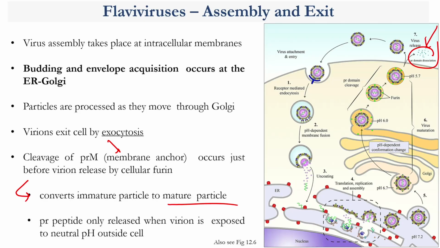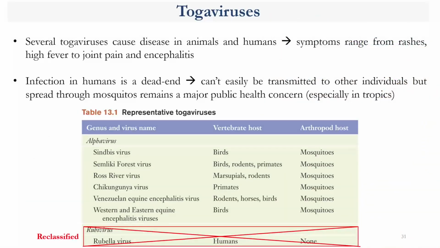All right, continuing on. Next thing we're going to look at is togaviruses. There are several togaviruses that cause disease in animals as well as humans. Symptoms range from rashes and high fever to joint pain and encephalitis, which is swelling of the brain.